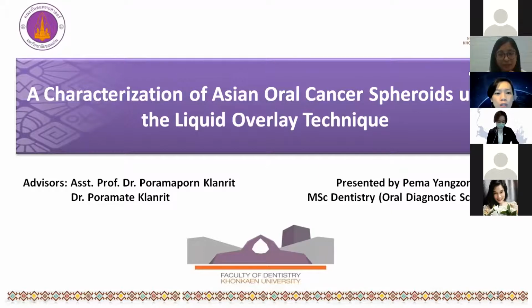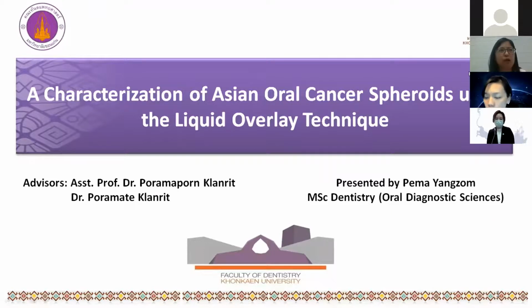Okay. Well, why did you use the duration of 7 days? Actually, there are various durations used in the literature. It could range from 2 or 3 days to 7 days and to 15 days. But I used 7 days in my study because the growth pattern of my spheroid is not progressively increasing. If it were progressively increasing, I would observe it for more and more days.